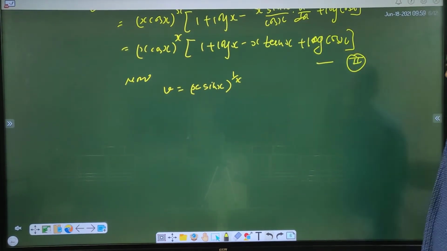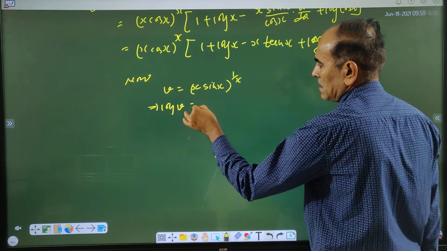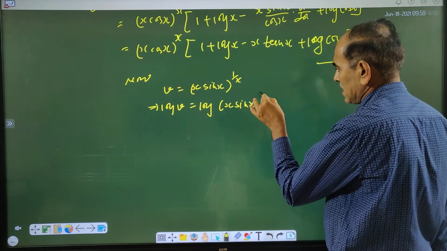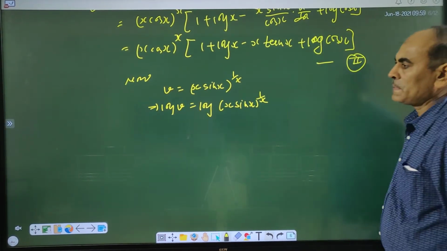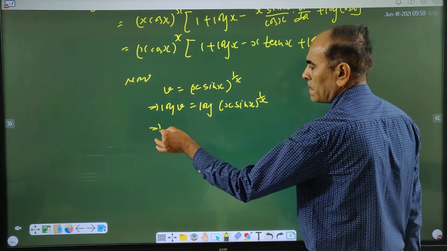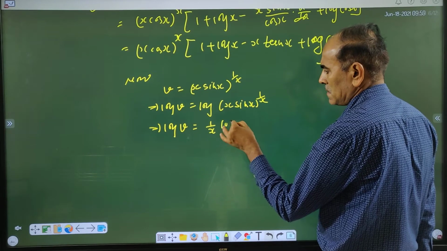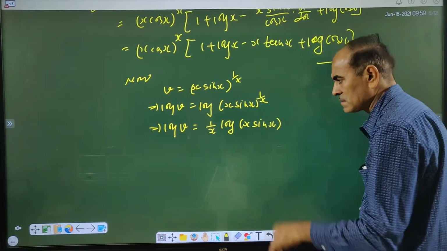Once again, same line. Take log. Log v is equal to log of x sin x raised to 1 by x. Apply the rule. Log v is equal to 1 by x log x sin x.